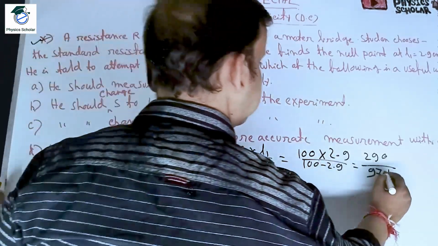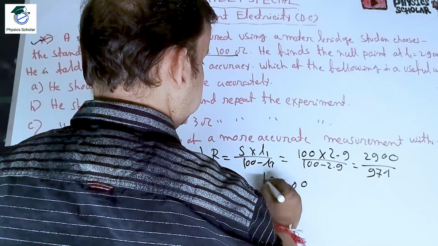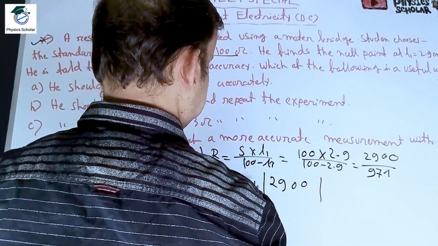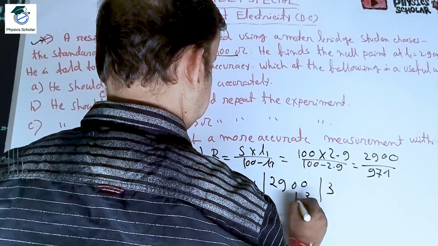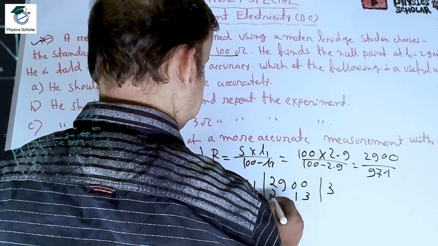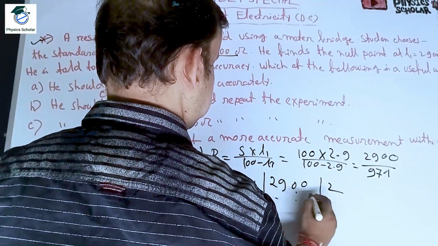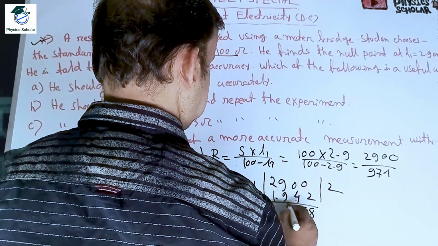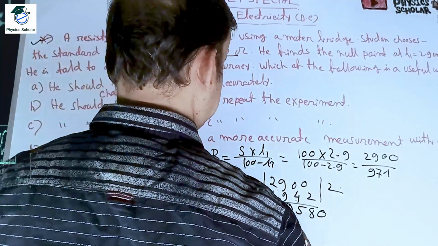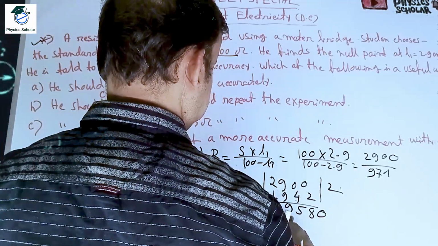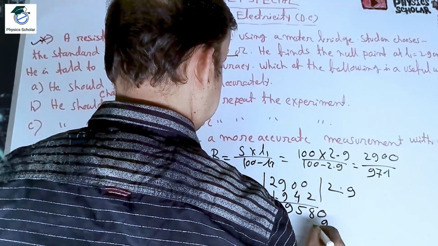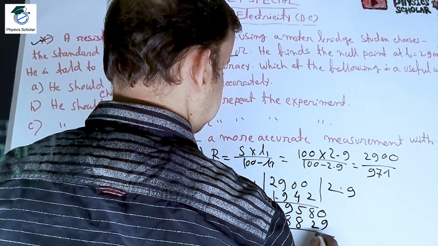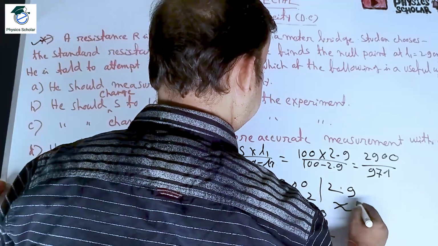So 290 divided by 97.1, okay. So that means approximately 3 ohms, clear?